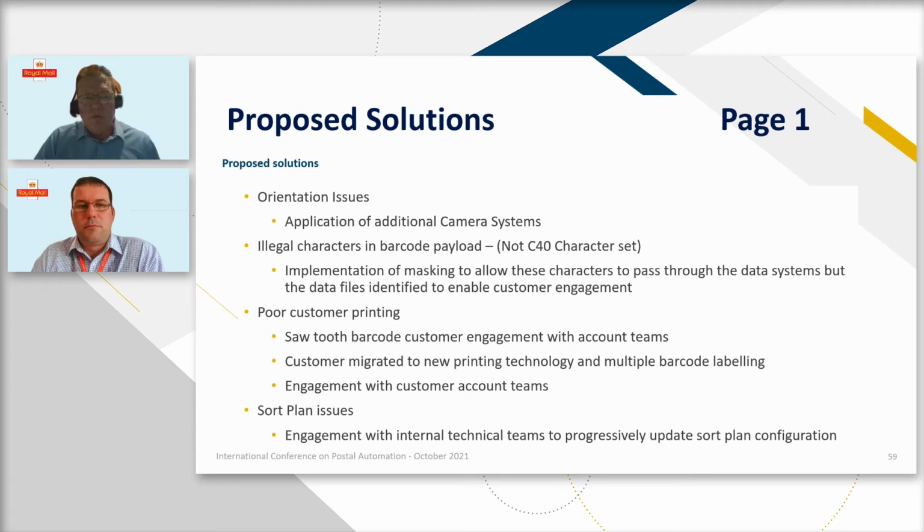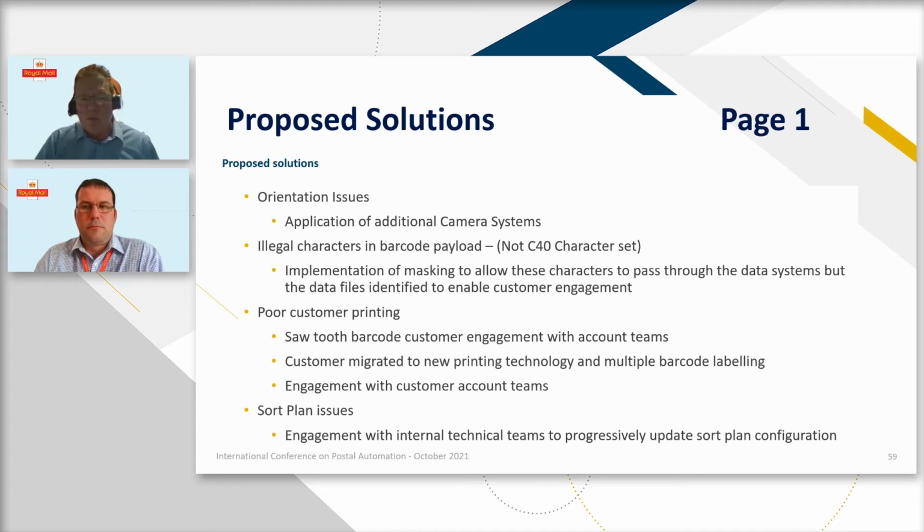Some of the poor customer printing, the sawtooth example Simon mentioned earlier, is a classic example of a problem with one of our customers, but they were completely unaware that it would be a significant problem for us from a sortation perspective.